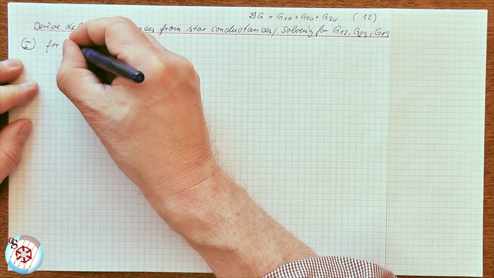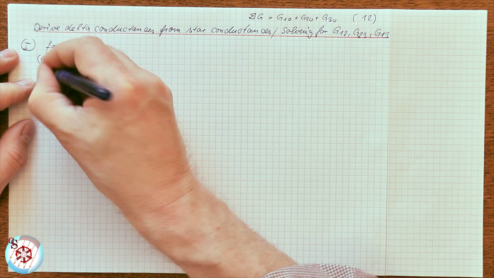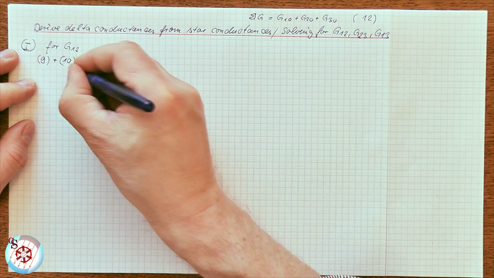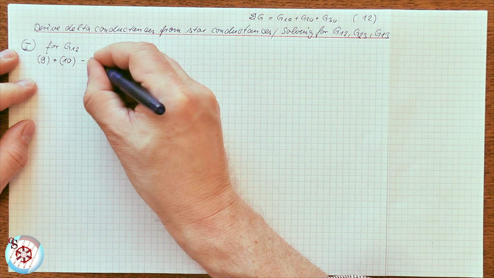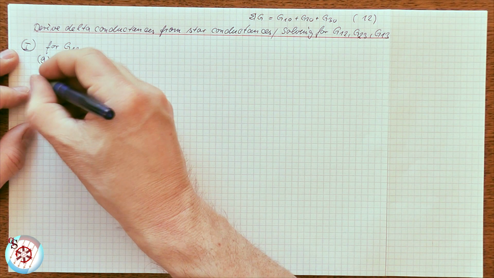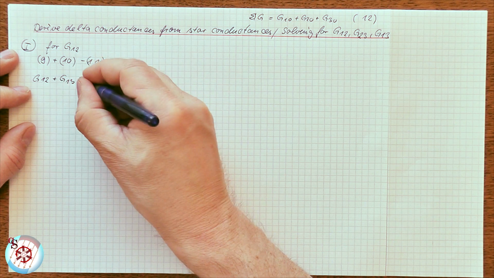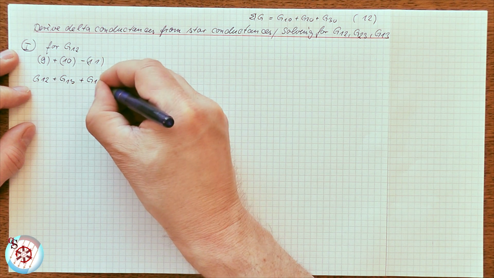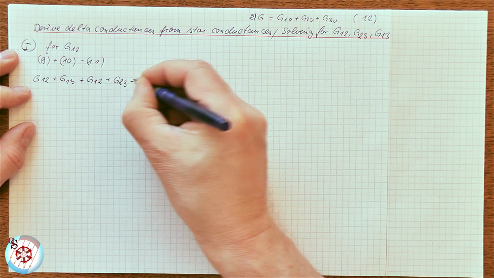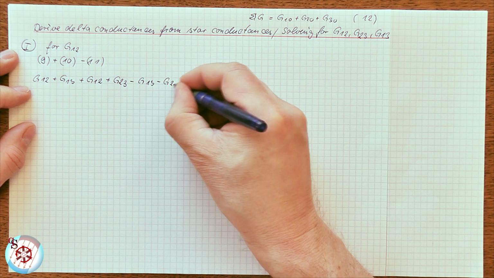Solving for G12. In order to do that, we will add equation 9 with equation 10 minus equation 11. And what we get is G12 plus G13 plus G12 plus G23 minus G13 minus G23.